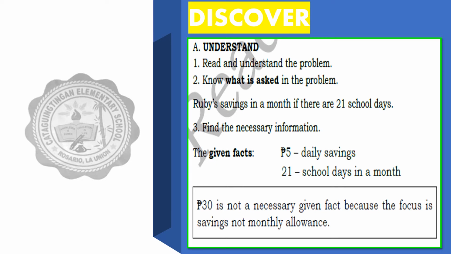Yes, the 30 pesos is not a necessary given fact because the focus is savings, not monthly allowance. Kasi ang tanong is the savings. So, doon ka lang magpo-focus. Yung 30 pesos is the allowance. So, kahit hindi siya kasali, para lang siyang pampagulo. Okay.